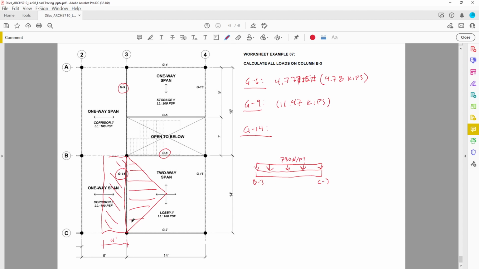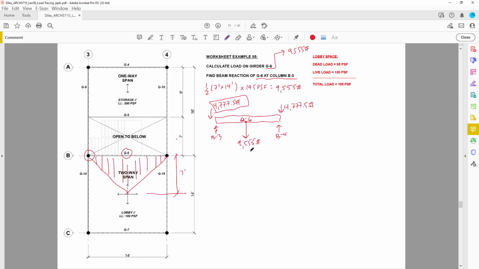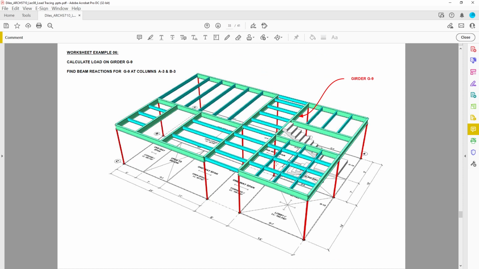And then we also have our load which we figured out a couple of problems ago. We figured out that that was 9,555 pounds represented as a point load in the center of the system.